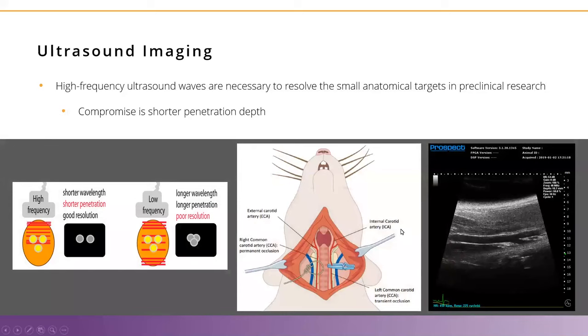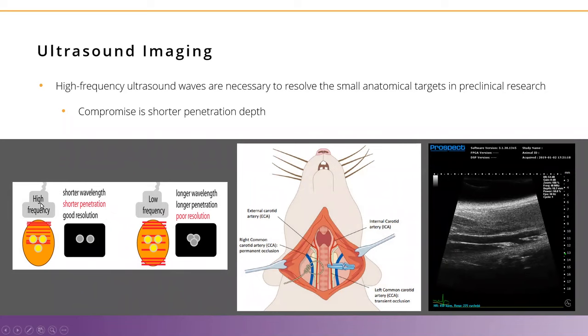So when we talk about small animal imaging or preclinical imaging for small animals, we often are talking about high-frequency ultrasound. And why is that important? Well, if we compare the difference between the size of anatomical targets in a human, for example, compared to a mouse or a rat, these are much smaller anatomical targets. And so how we're able to resolve these small anatomical targets is using higher frequency sound.